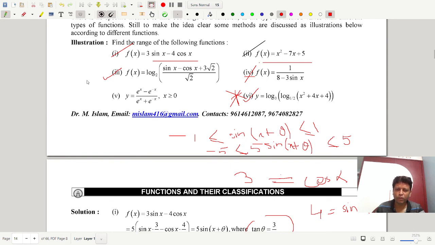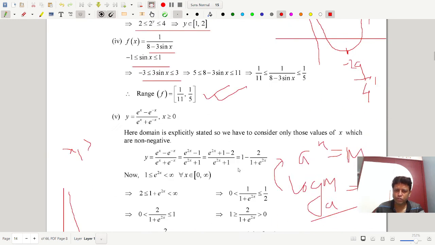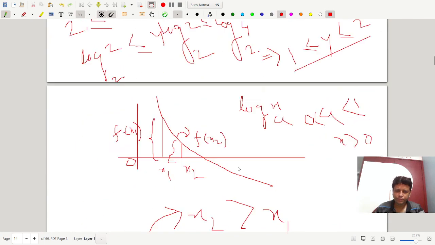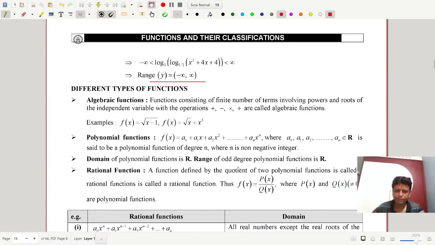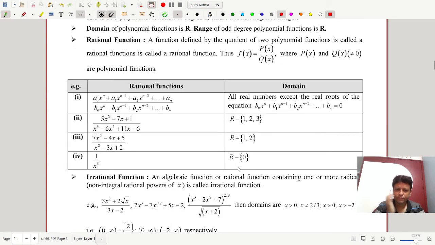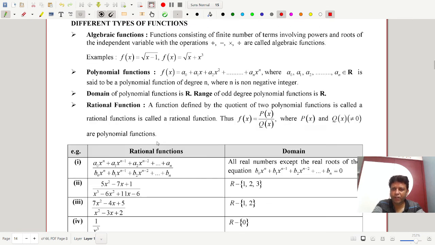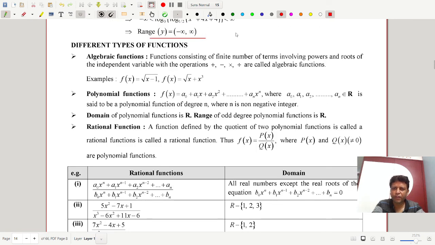You have to talk about range of values. Okay, there is a chart of these functions. If you talk about rational functions, you have different types of functions: algebraic functions, polynomial functions.